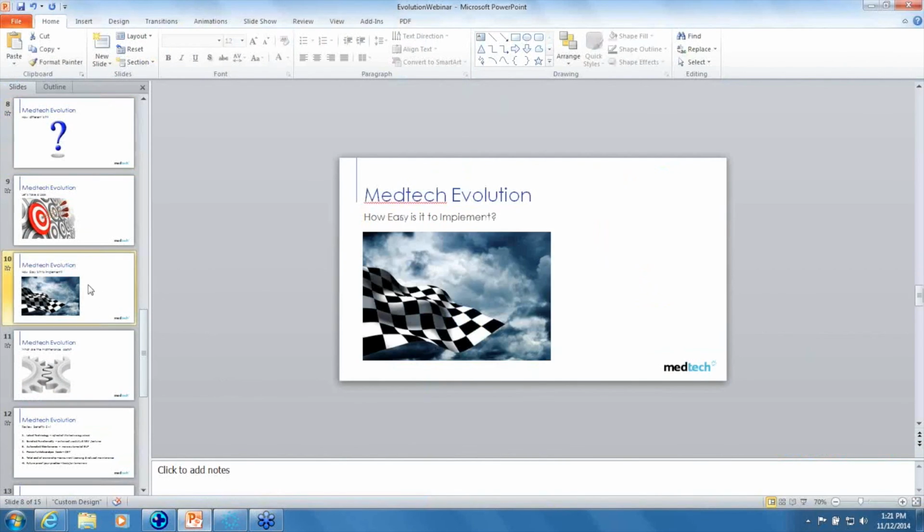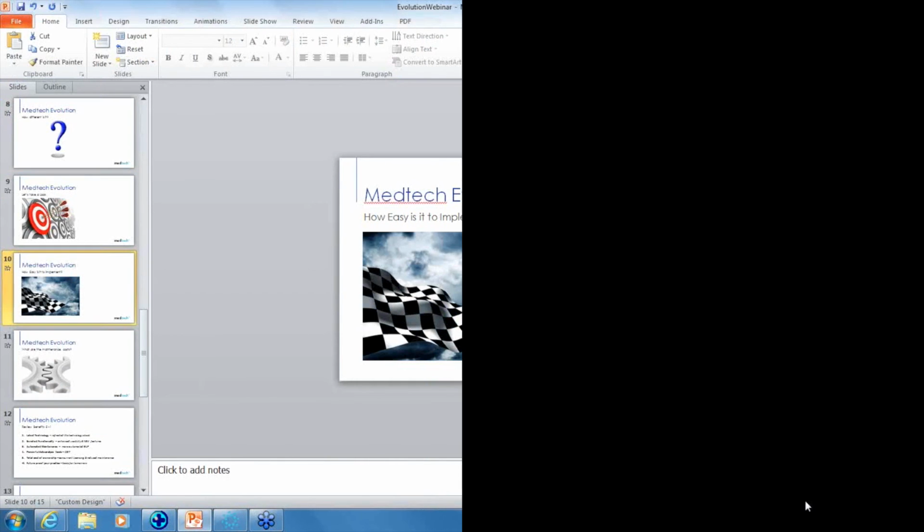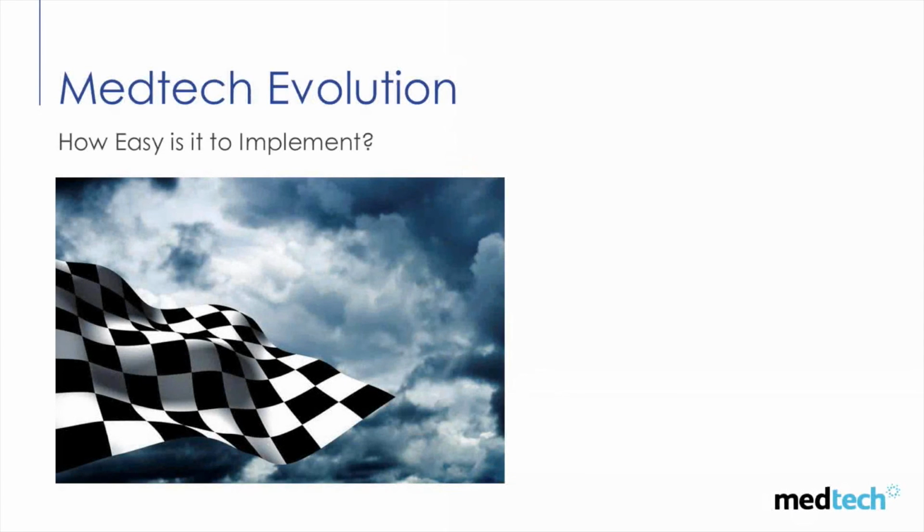For those of you who are interested in how easy it is to implement, we take a phased approach. We have an implementation team. They project manage the whole project. Generally, we convert your data to the new database structure and format, and we do a trial migration in the first instance.